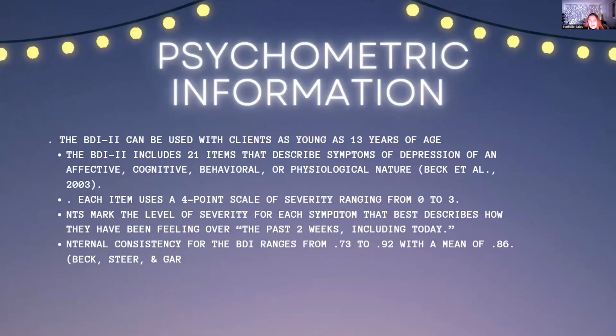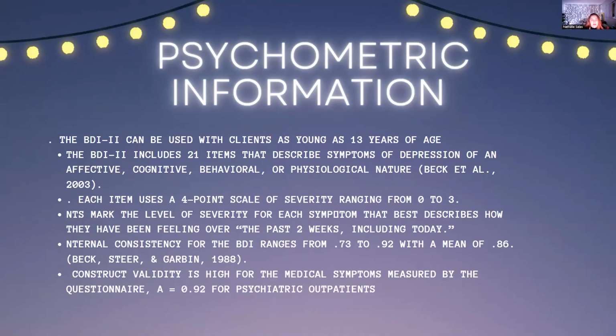So for the psychometric information, the Beck's Depression Inventory 2, which is BDI-2, can be used with clients as young as 13 years of age. The BDI-2 includes 21 items that describe symptoms of depression of an affective, cognitive, behavioral, or physiological nature.